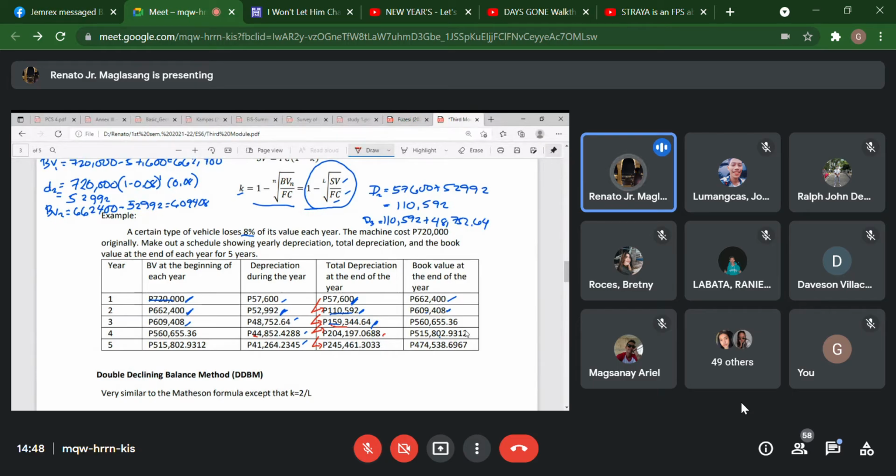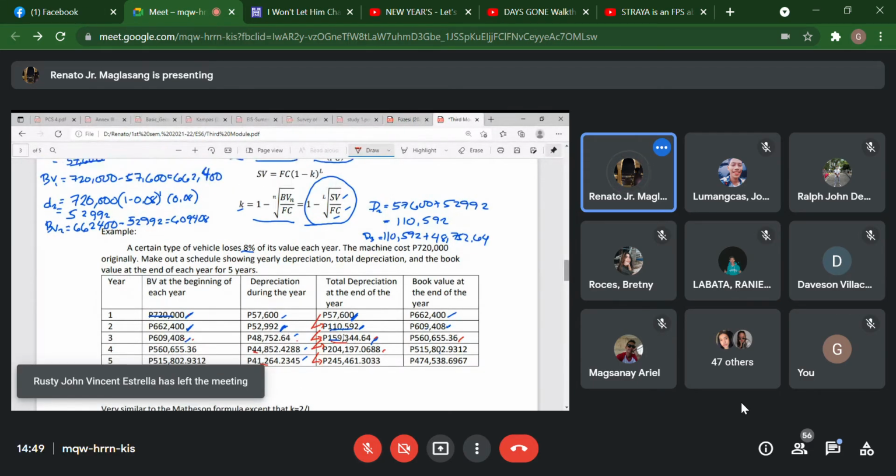Then again, 204,000 plus 41,000 to get 245,000. Okay, so again, book value is 720,000 minus 159,000. So you will have this one. Or 609,000 minus 48,000. So the same.